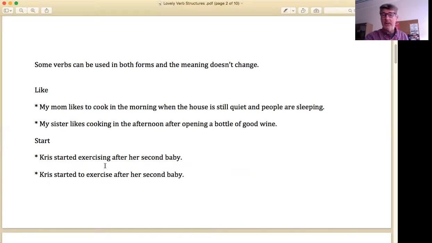Chris started exercising after her second baby. Chris started to exercise after her second baby. Start uses both forms, the gerund or the infinitive, and it doesn't really change the meaning. There might be a slight nuance, but not really. There are some verbs like this, and he goes into those in this unit and gives you a list, which makes things easier for you.